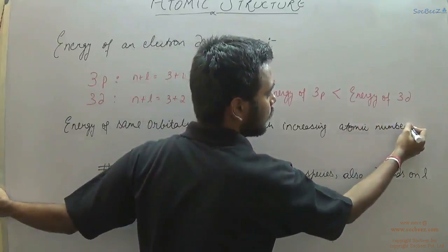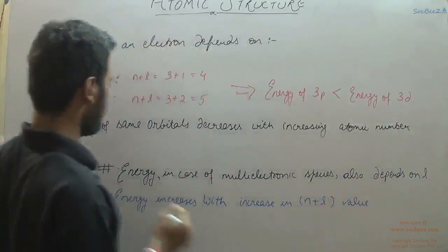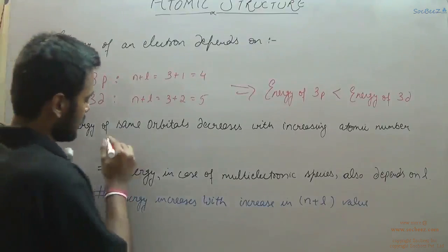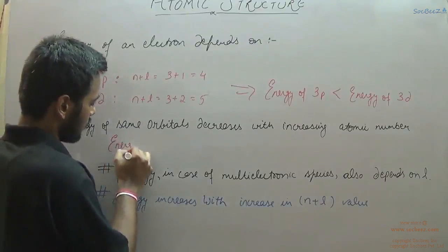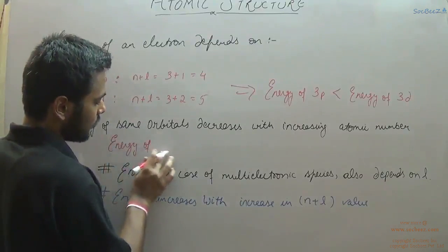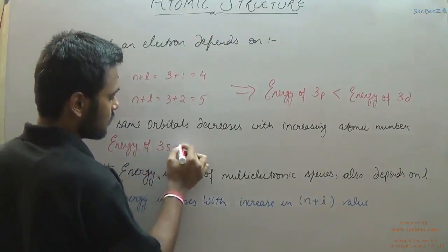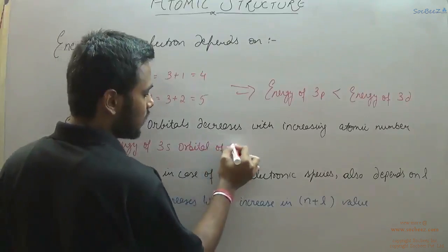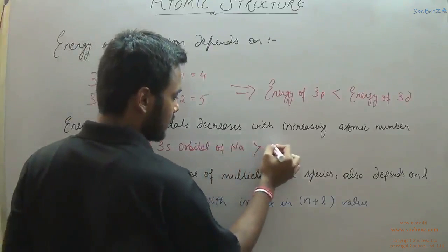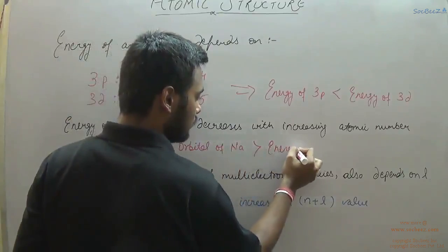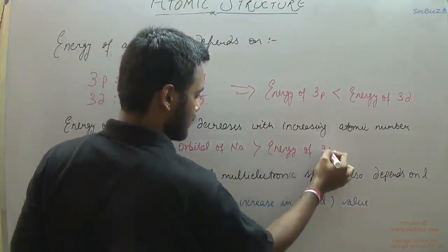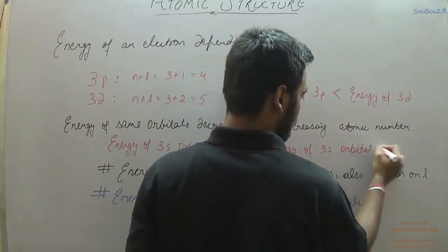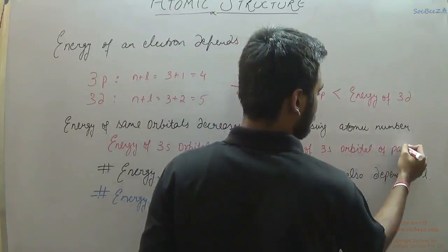So therefore, because of this particular statement, the energy of 3s orbital of sodium is greater than the energy of 3s orbital of potassium.